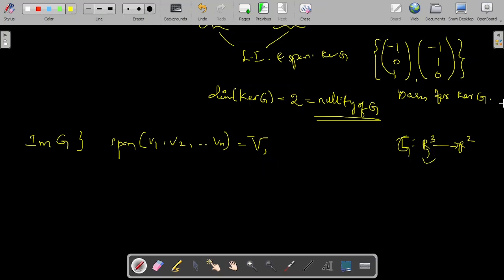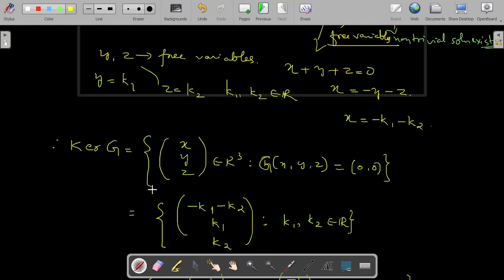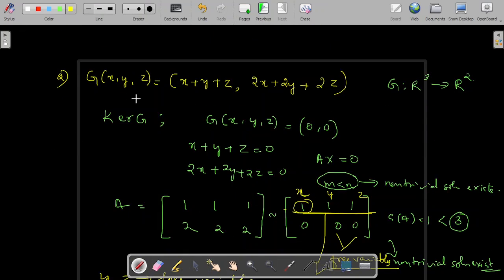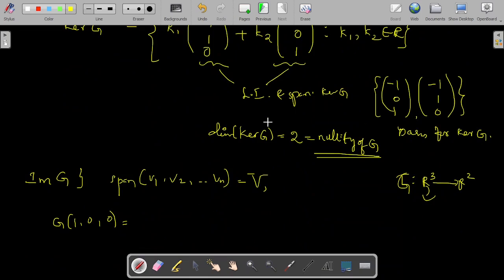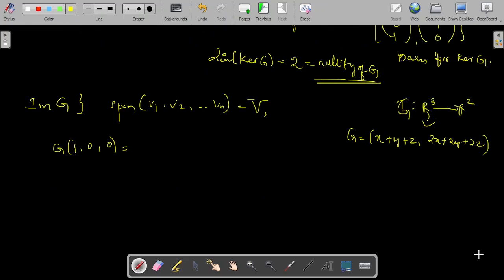Take the standard basis of R cube, and see where the standard vectors go after applying the transformation. What is the transformation? G is (x, y, z) goes to (x plus y plus z, x plus 2y plus 2z).